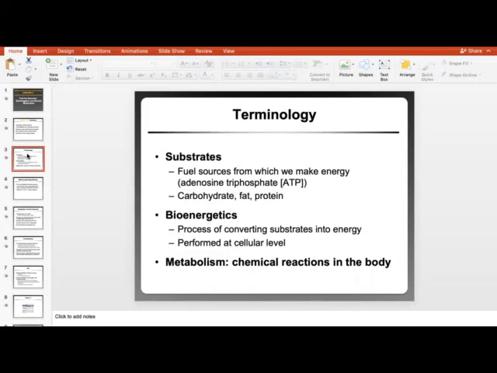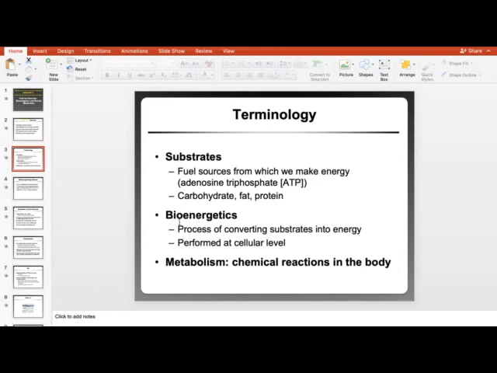That energy is used directly by the myosin cross bridges, where the myosin heads attach. There's that ATP binding site, and ATPase breaks down the ATP into adenosine diphosphate and a free phosphate group, and that release of energy is what we use as fuel.